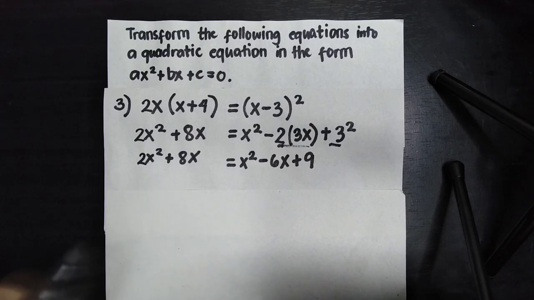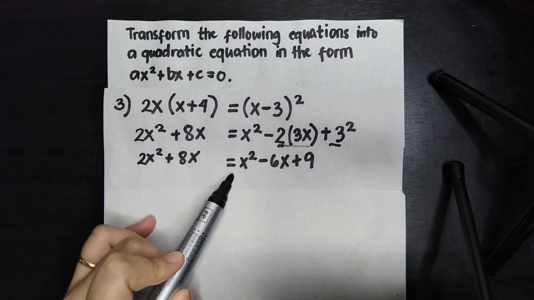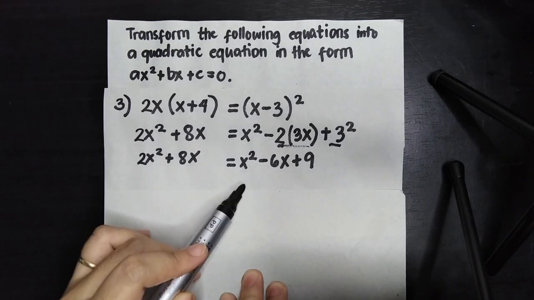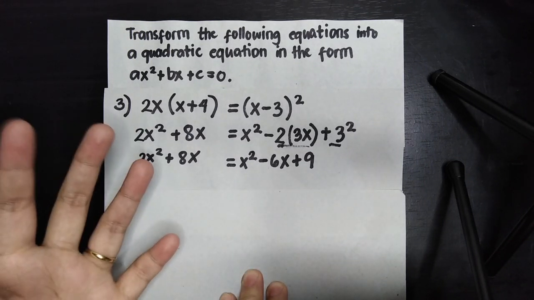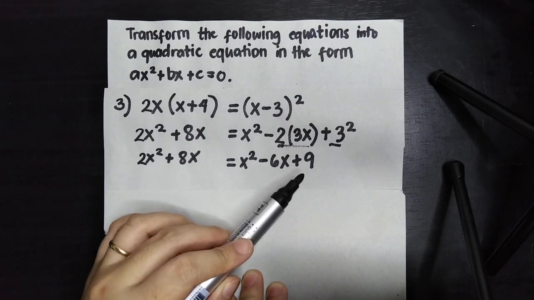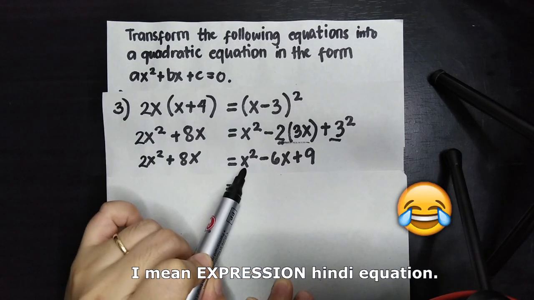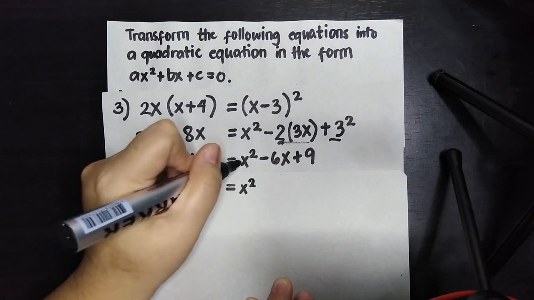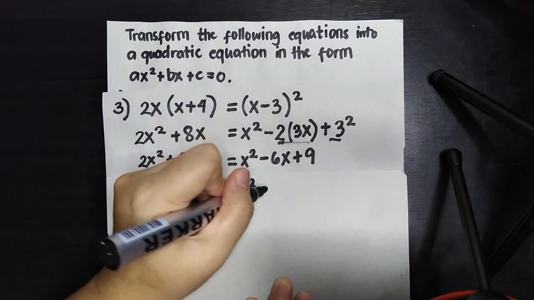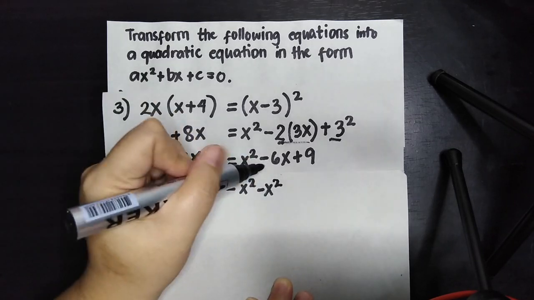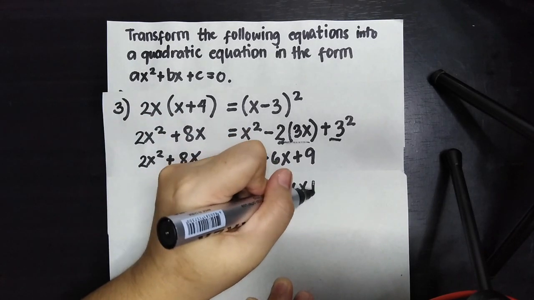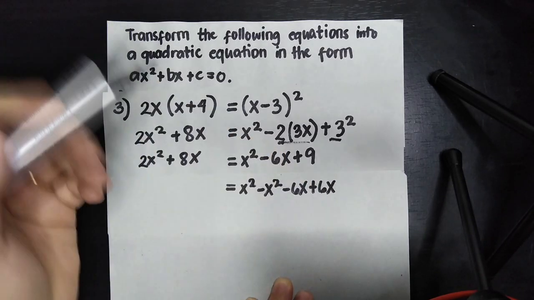So, it goes like this. In the standard form of a quadratic equation, we need to make this side 0. So, again, to make this 0, we will just add whatever makes each term 0. To make x squared 0, we just copy this x squared. Since it is positive, we will subtract x squared. And then, to make 6x 0, we will add positive 6x.